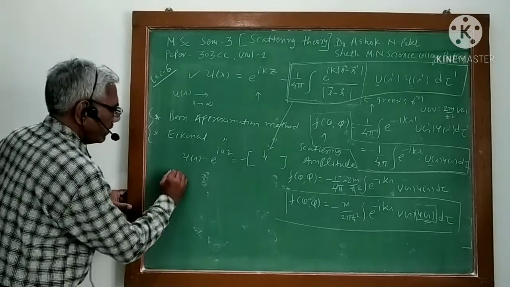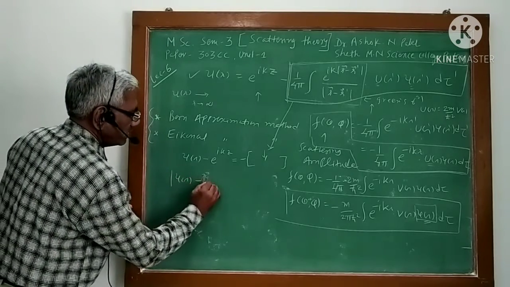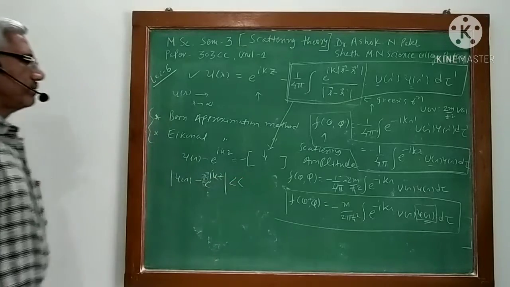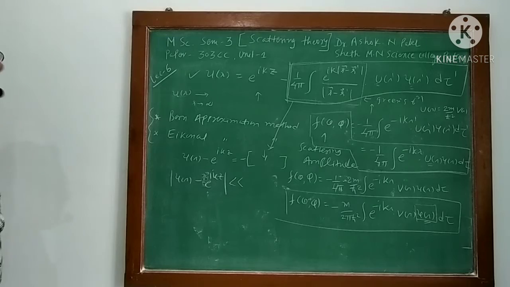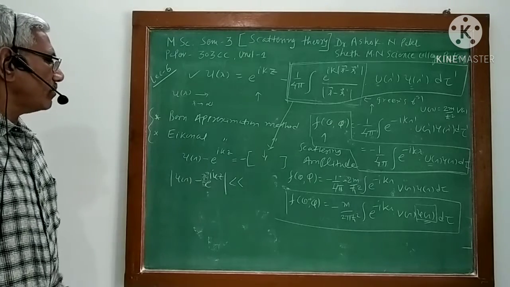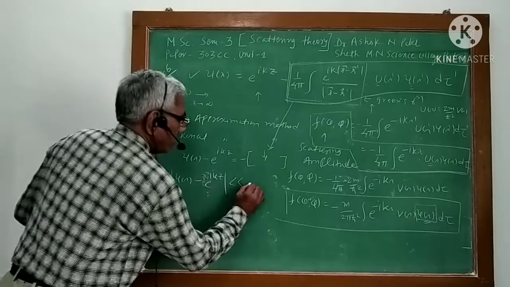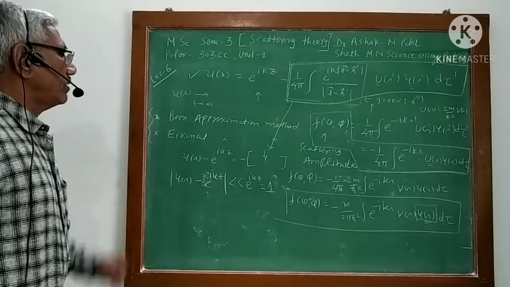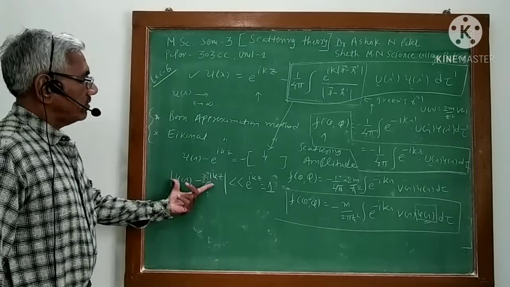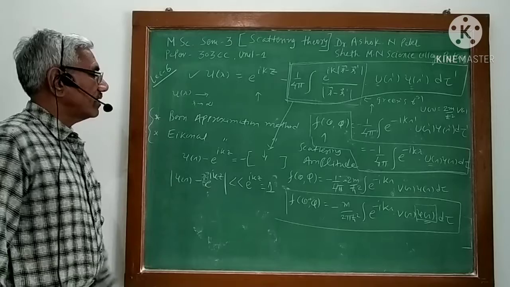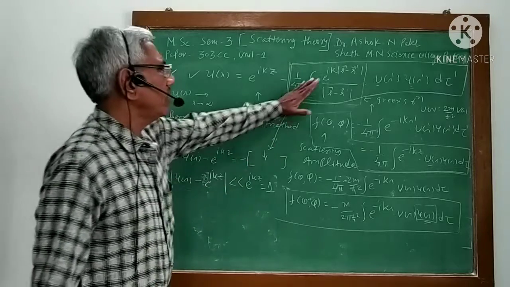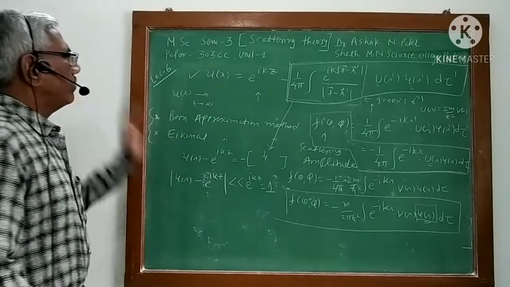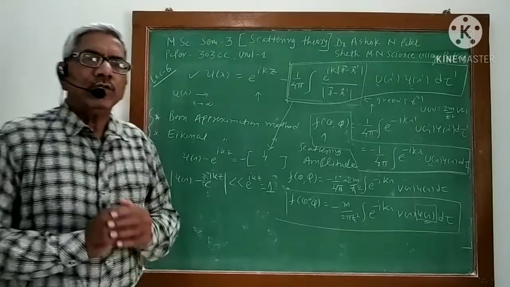In that case, UR minus e^(i K Z) is very small. Then e^(i K Z) is equal to 1. Taking this condition, we can find the approximate value, and that is the Born approximation method.